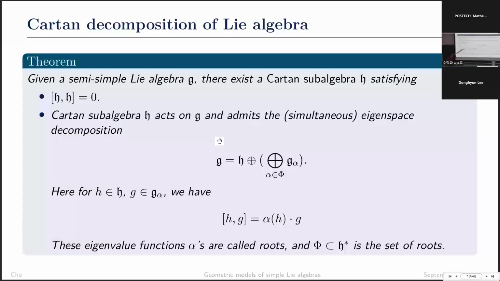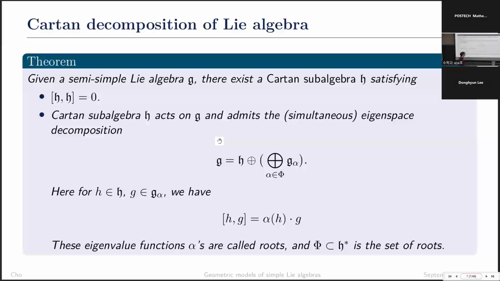Taking a bracket inside H gives 0, but the bracket of H with other vectors can be non-trivial, and so H acts on the other space. So this Cartan subalgebra acts and it admits a simultaneous eigenspace decomposition.